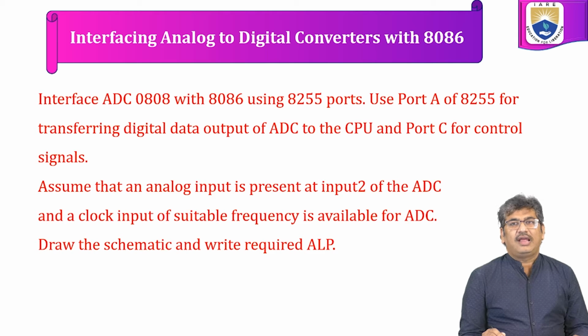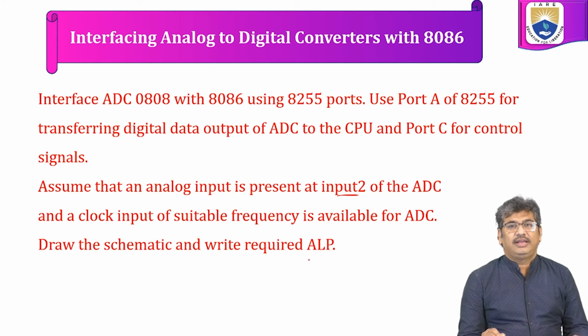Assume that an analog input is present at input 2 of the ADC and a clock input of suitable frequency is available for the ADC. Draw the schematic and write the required ALP. The schematic we have already shown in the earlier figure. Now we will move to writing the ALP.